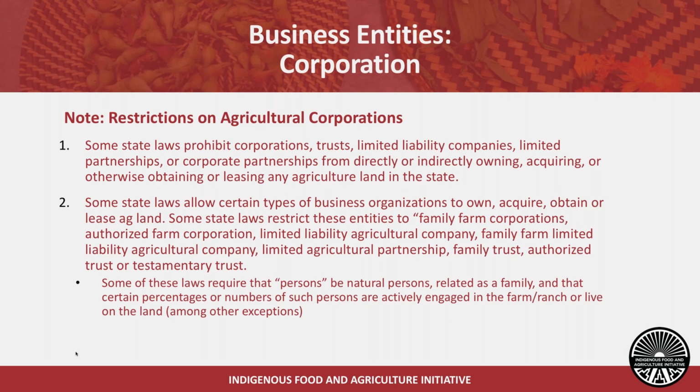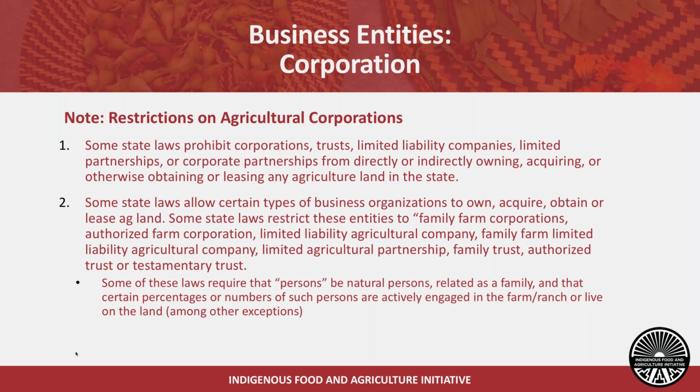But there are some states that allow for certain types of business organizations to do these things with ag land. But some states restrict these entities to family farm corporations and authorized farm corporations, limited liability agricultural companies, family farm limited liability agricultural companies, limited agricultural partnerships, family trusts, and authorized trusts or testamentary trusts.